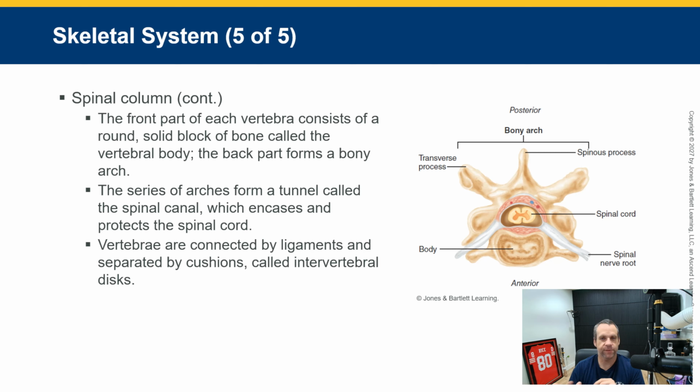Then you have different muscles and ligaments that attach to these various projections, if you will, and help support the spine's movement patterns. You also have spinal nerve roots that leave the cord through openings alongside the spinal column. Between most of the vertebral bodies you have something called intervertebral discs. Now, these discs are very important for shock absorption, and they do allow for some movement to occur.